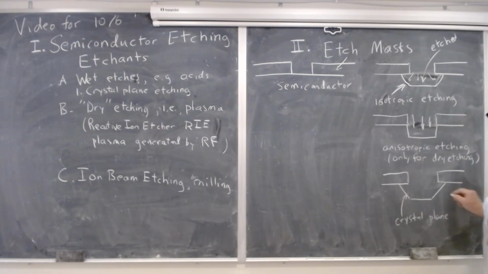And typically, a typical recipe is, this is the 111 plane for KOH in silicon.